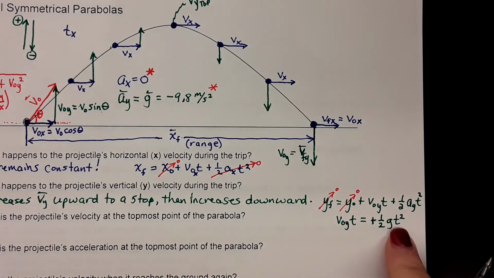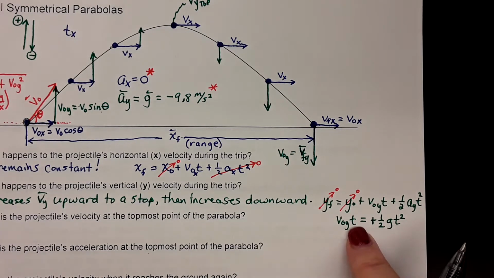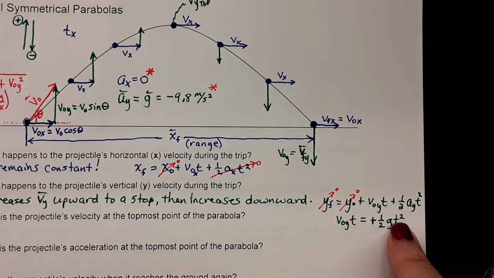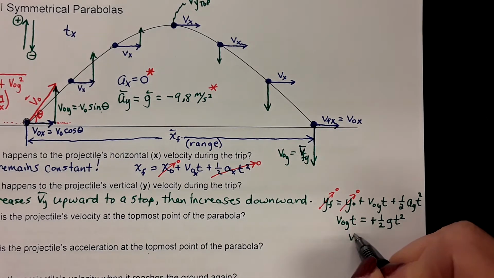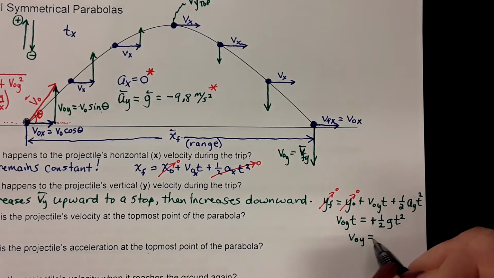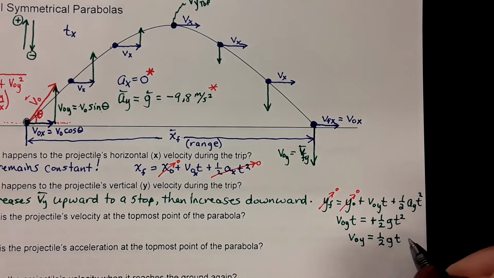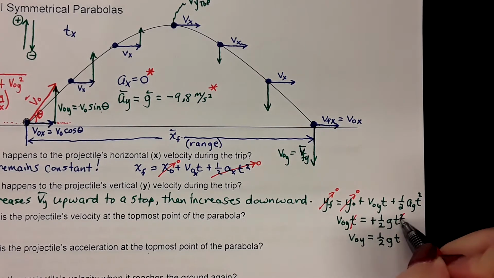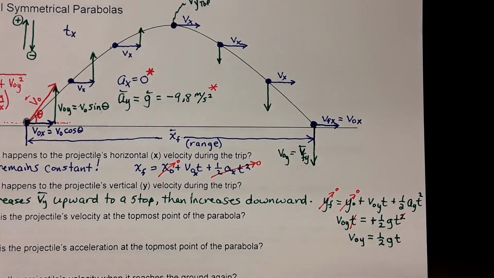Okay, so that's how we'll end up with a positive value right here. Okay, next, what happens? Oh, look, a t cancels out on each side. So what expression are we going to be left with? Oh, the initial y velocity equals 1/2 gt. Okay, because this t cancels with one of those two, leaving one behind.